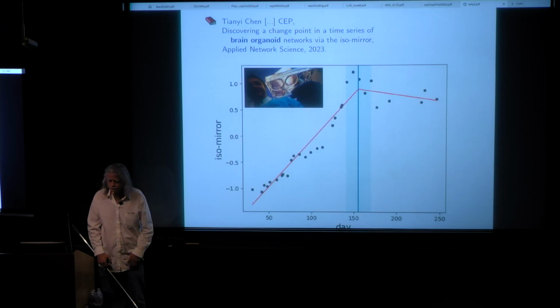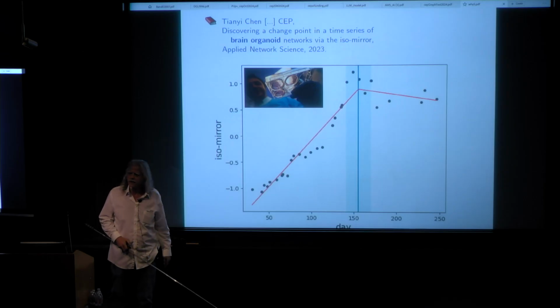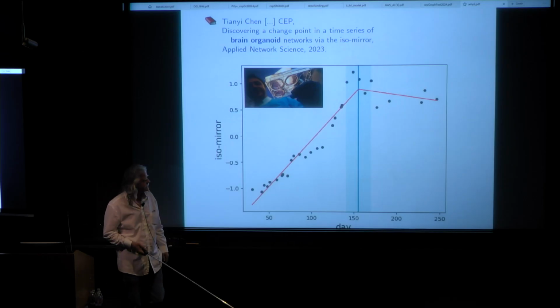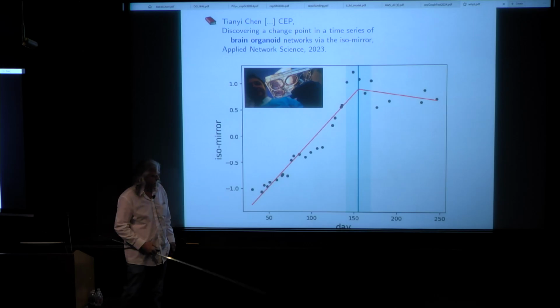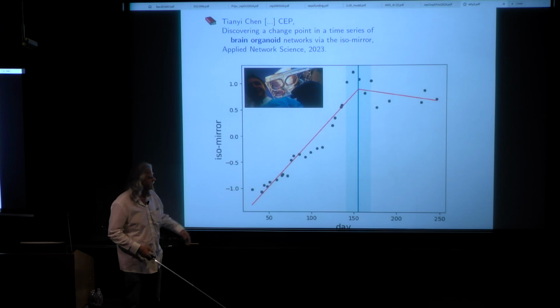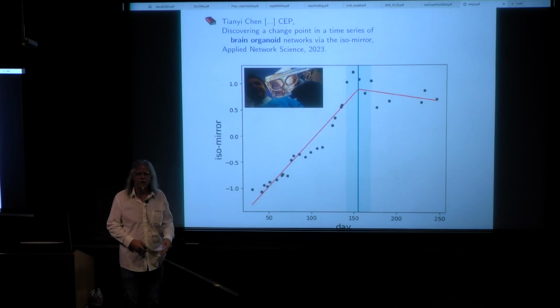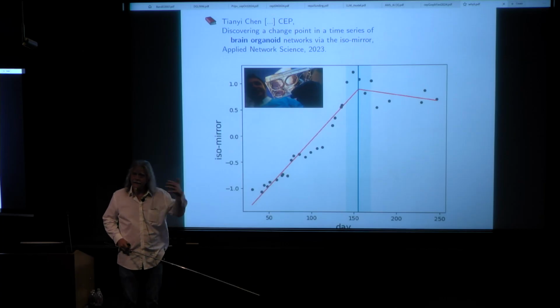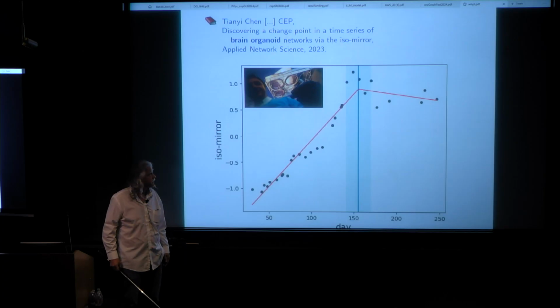Another story: brain organoids. The neuroscientists are growing brains in a dish, for these particular people who care about understanding something about autism. As the brain is growing, I get a collection of networks again across time, just like before.